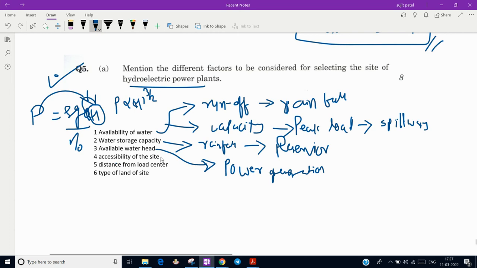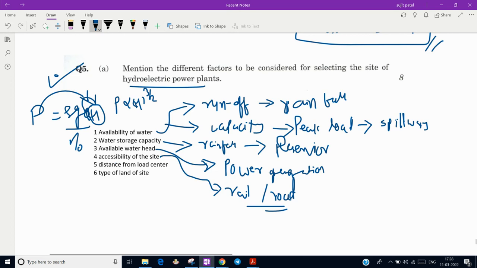Then accessibility of site, like whether it is connected by rail or road. If it is not connected by rail or road, then to build a hydroelectric power plant, initially we have to supply the raw materials as well as the heavy civil machinery and construction equipment there. To transport that, we need some additional cost. So to prevent this, we need to check the accessibility of the site, how far or near it is from rail or road.